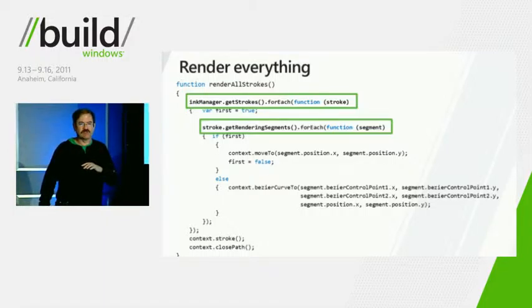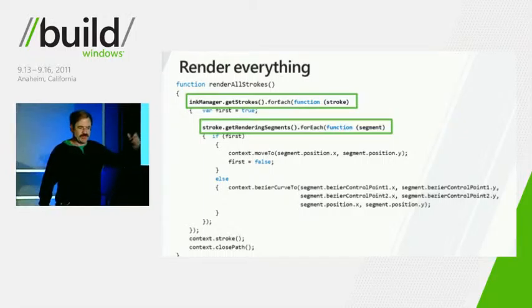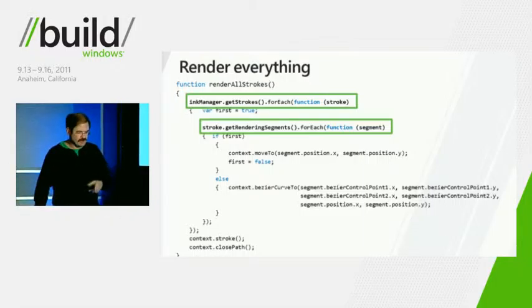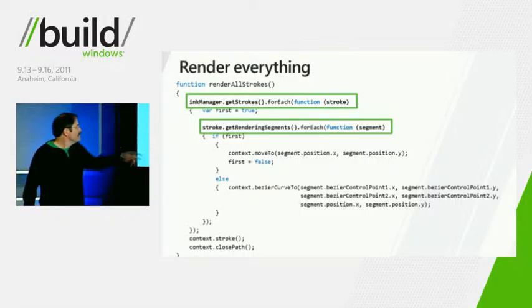It's a much smaller count of Bezier curves. And all the decisions about dividing up the stroke and where to cut it into different Bezier segments are done inside the ink manager. So you see the code taking the first one and positioning the cursor, and then from then on just drawing the Bezier curves. And then after we've looped through all the strokes, closing it off here.